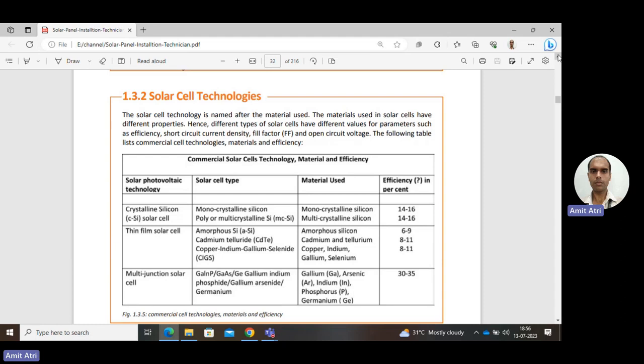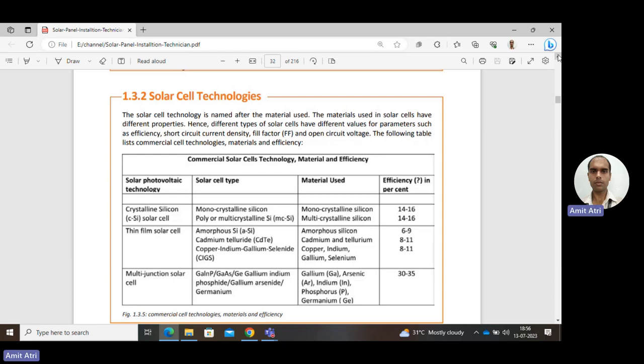Efficiency: amorphous silicon has very low, 6 to 9%. Cadmium telluride, 8 to 11%. Copper indium gallium selenide also has 8 to 11% efficiency. It means that in the monocrystalline silicon solar cell, efficiency is higher.